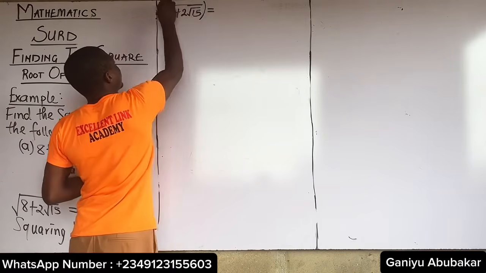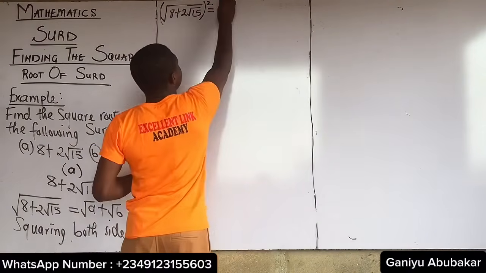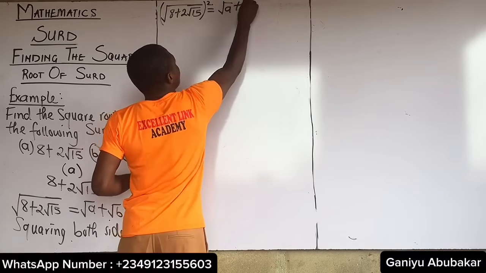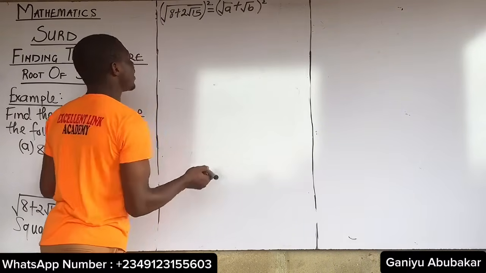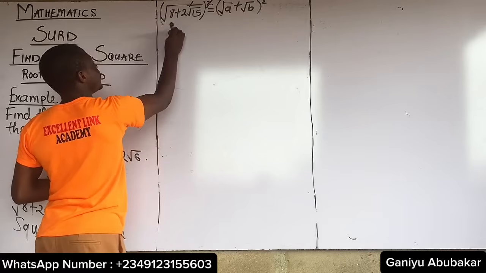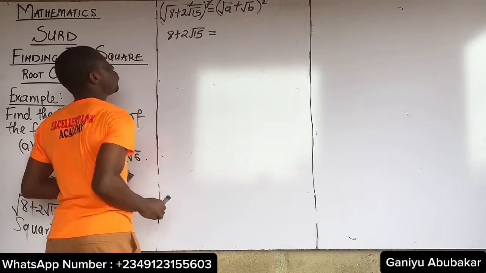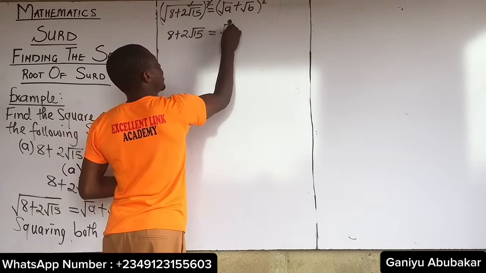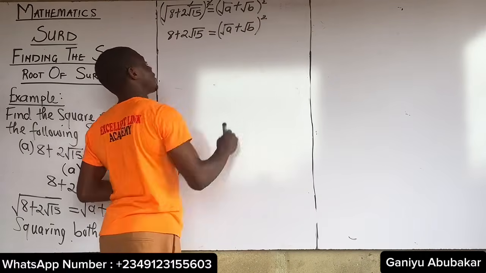We said square both sides. We know that square cancels out square roots. So we're having that 8 plus 2 root 15 is equal to root a plus root b all squared.